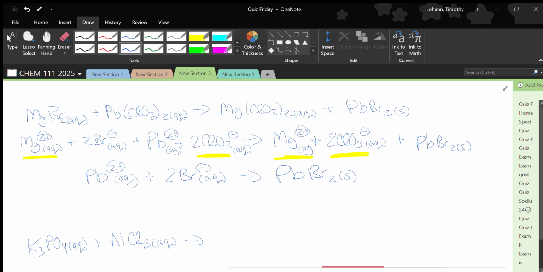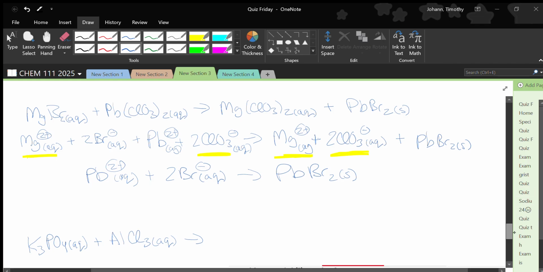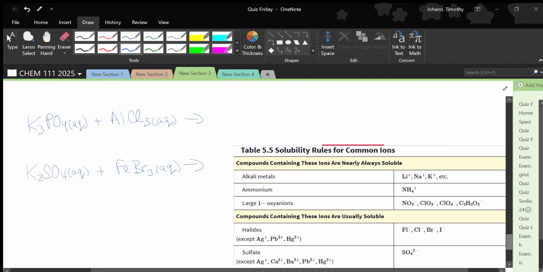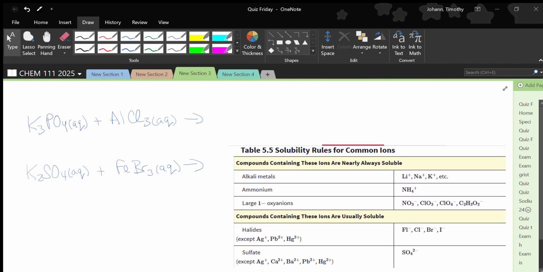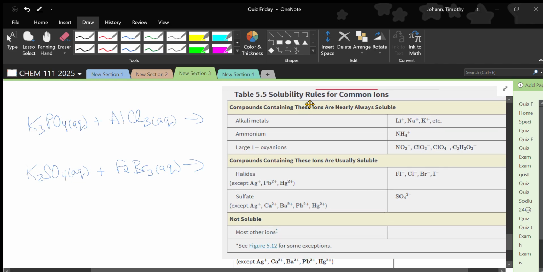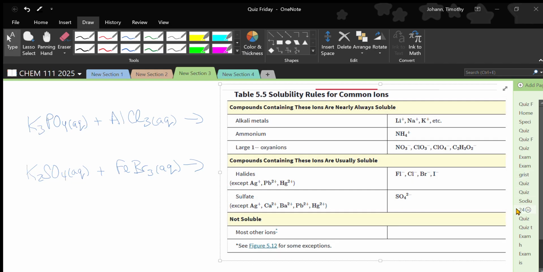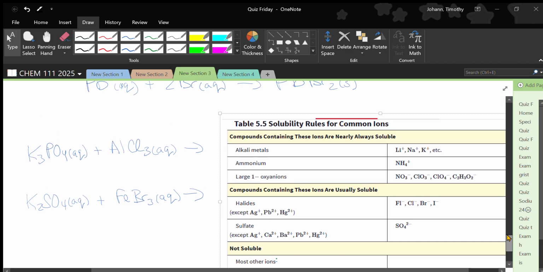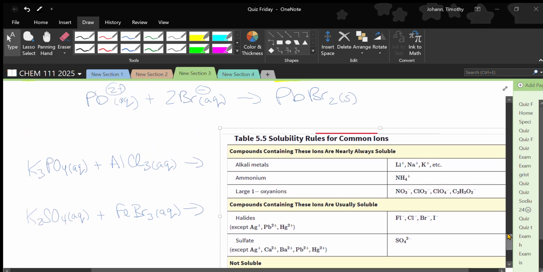Try the next one. What I will do is I will label those in a minute. I'm going to hand back your quizzes while you try the next one or more. But I want to give you these solubility rules. And I will also, for the notes, so let's just really quick. This is our net ionic equation.